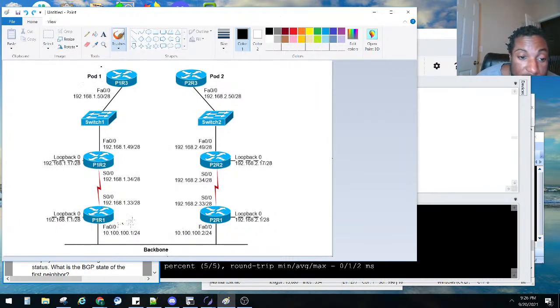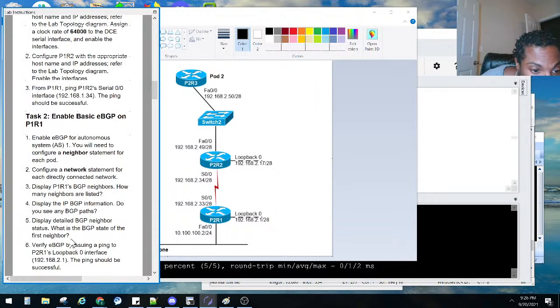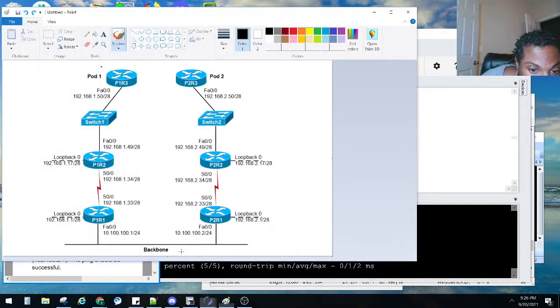So we need to configure eBGP externally. This is AS1, and this side is AS2. So we're going to configure BGP and then have this guy be our neighbor over here. So let's go ahead and do that.